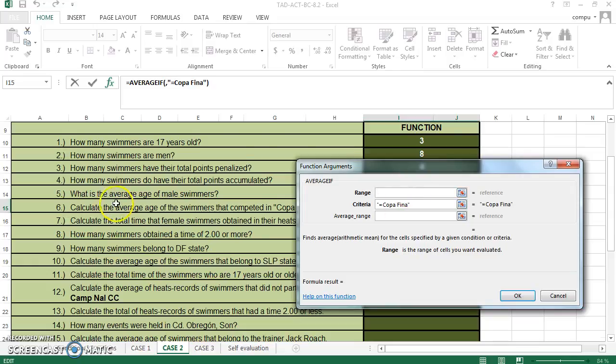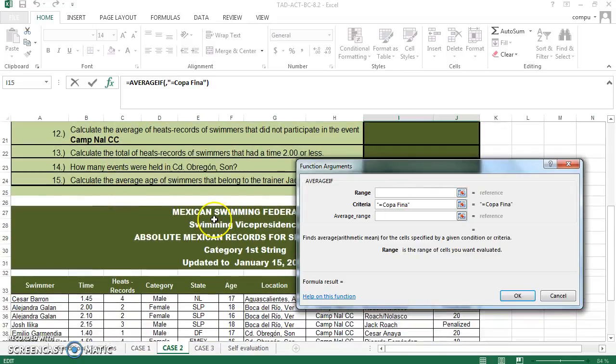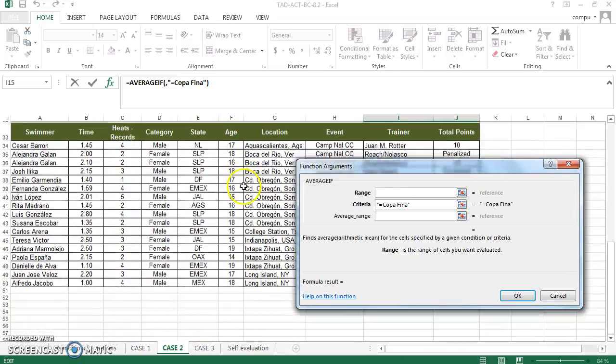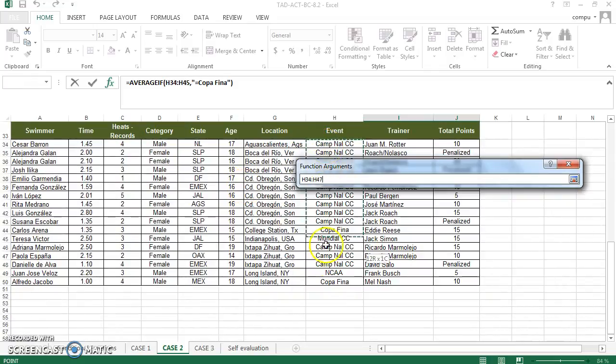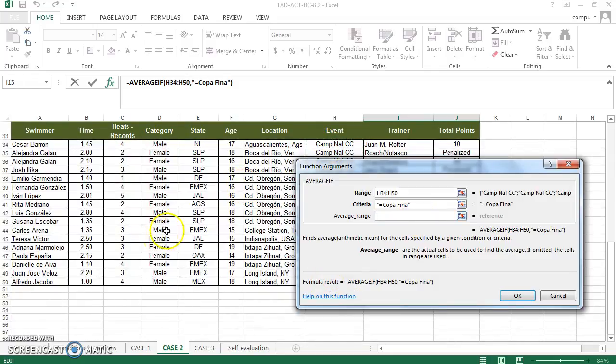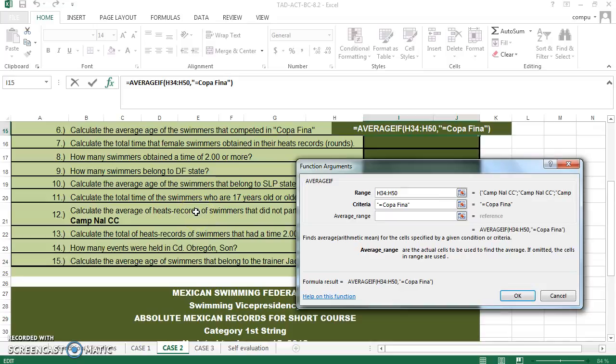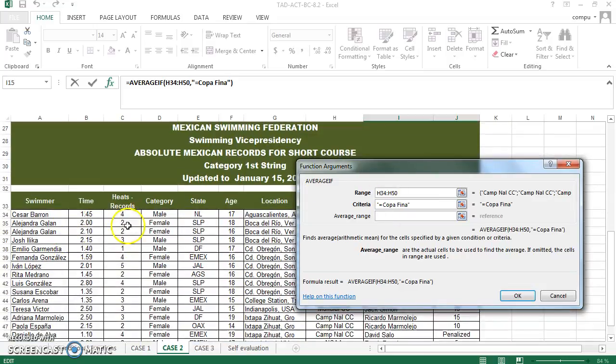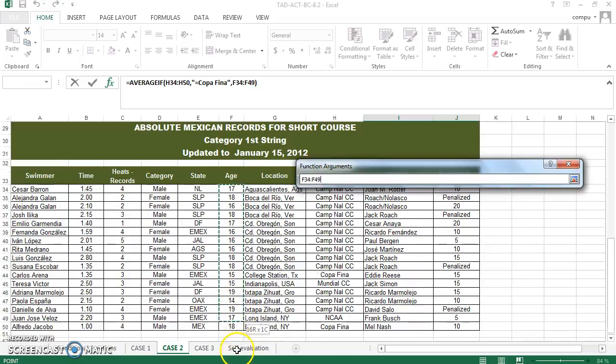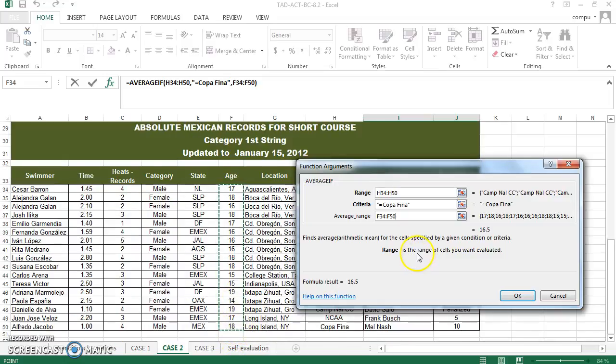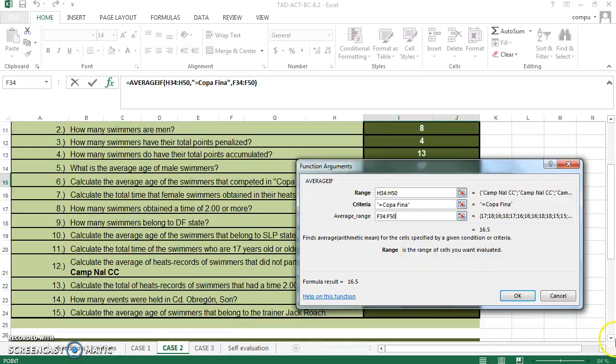The cells containing the information are on column event, and we need to calculate the average for their age of the swimmers. The answer is 16.5.